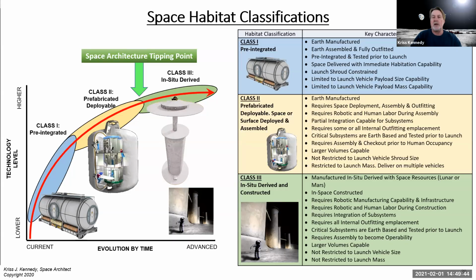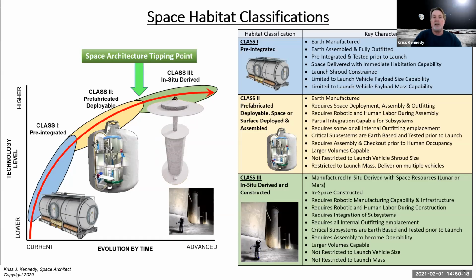Critical subsystems on Earth are tested prior to launch. It requires assembly and checkout prior to human occupancy. It can deliver large capable volumes. It's not necessarily restricted to the launch vehicle shroud, although the packaged unit would be, of course. And it is restricted to launch mass and could be delivered on multiple vehicles. An example is an inflatable like the Transhab design.